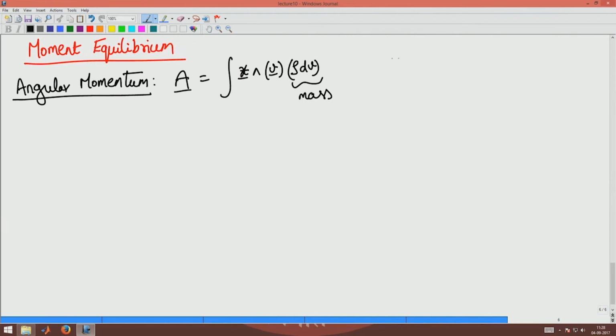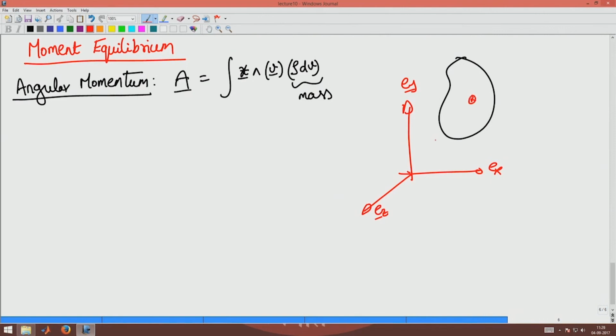Where x is, if I have a body, with axes Ex, Ey, Ez, and I have a point in the body, and x is the position vector of the point on the body.